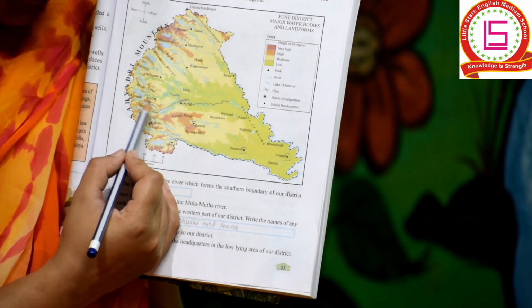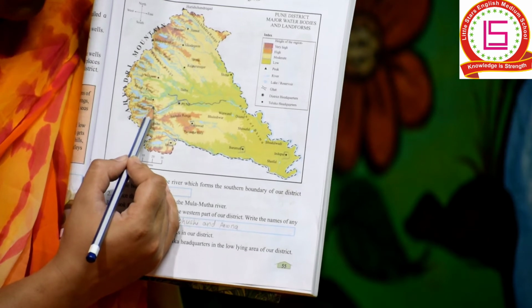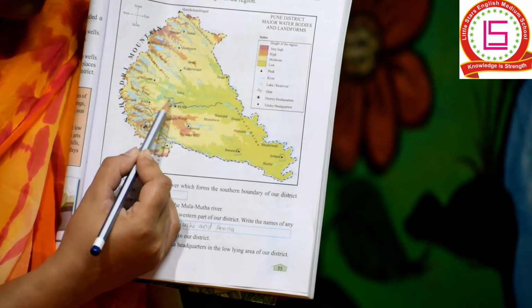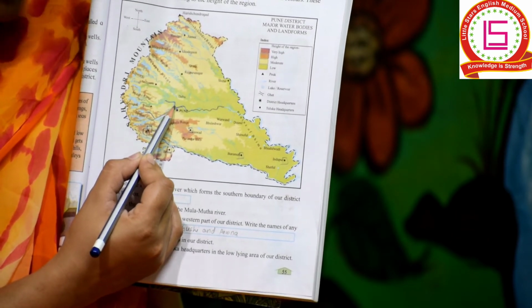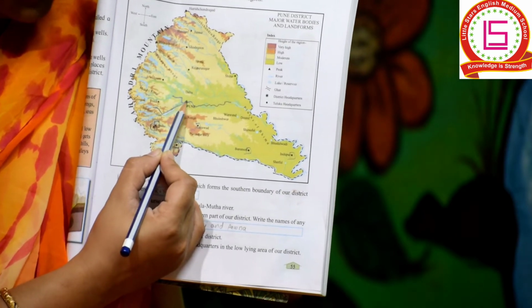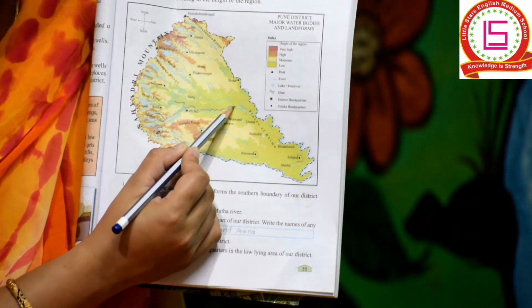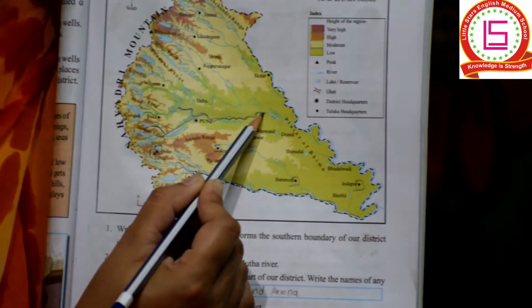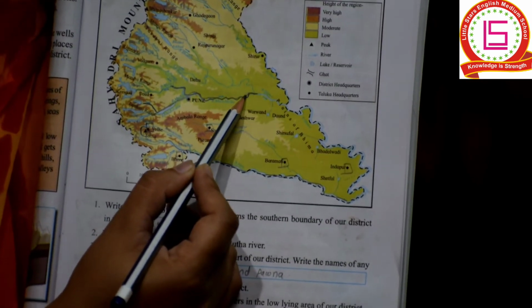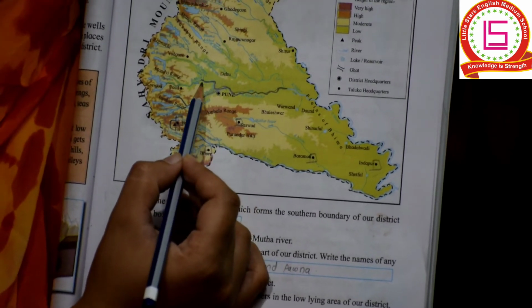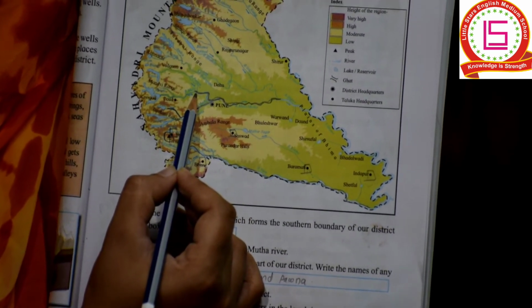Below it, the Mulamutta river starts from here and also from here. We have marked it with the pencil and it ends here, near the river Bhima. So this is the course taken by the river Mulamutta.